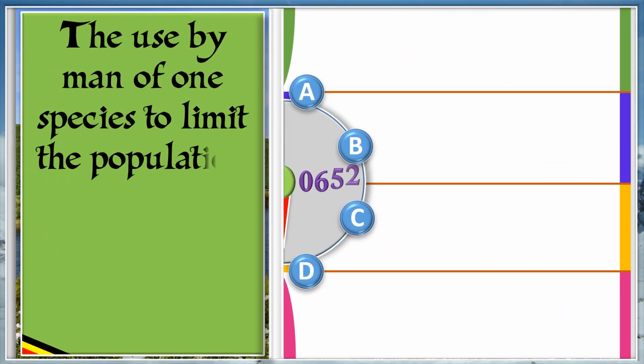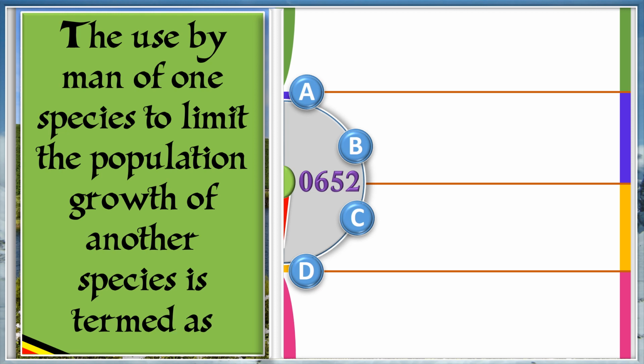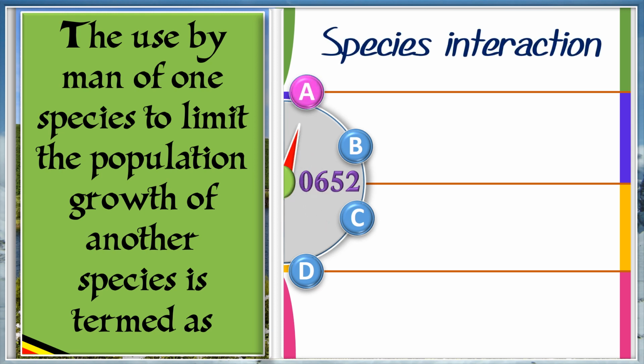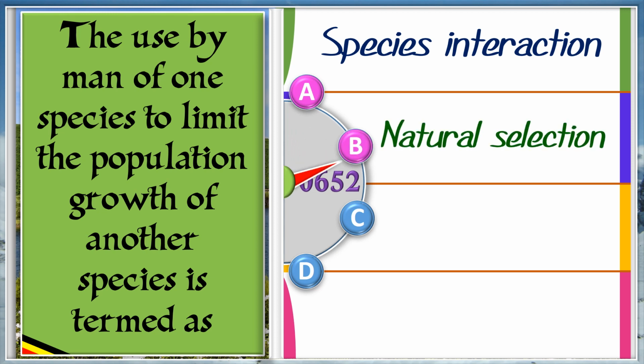The use by man of one species to limit the population growth of another species is termed as A. Species interaction. B. Natural selection.